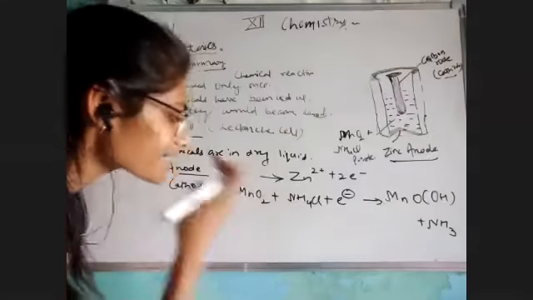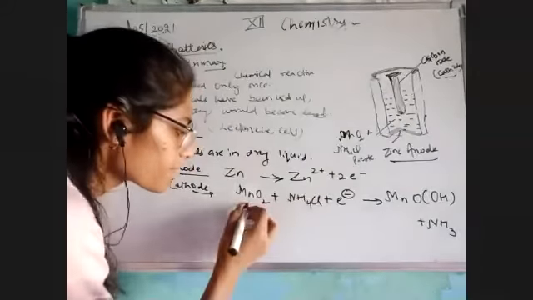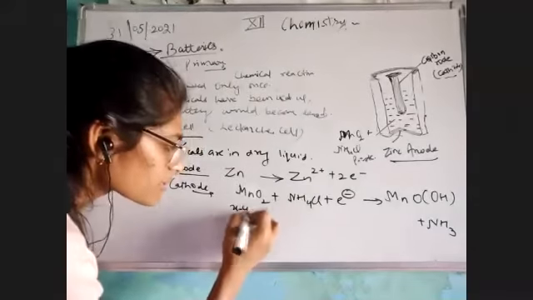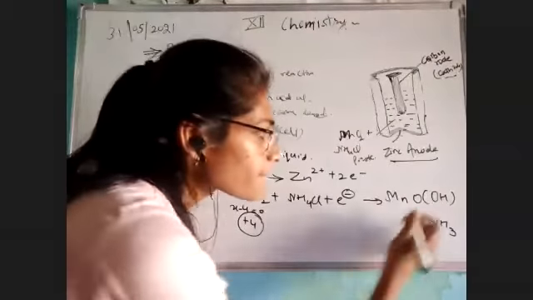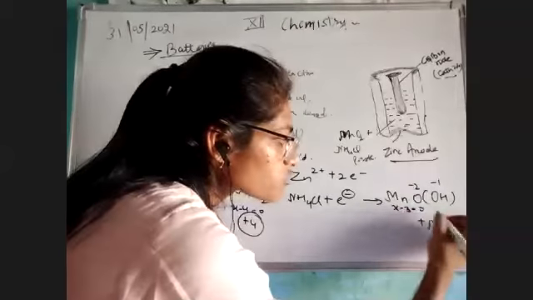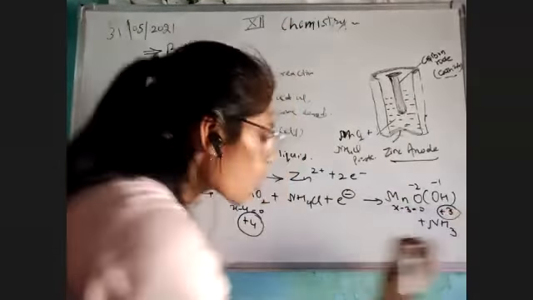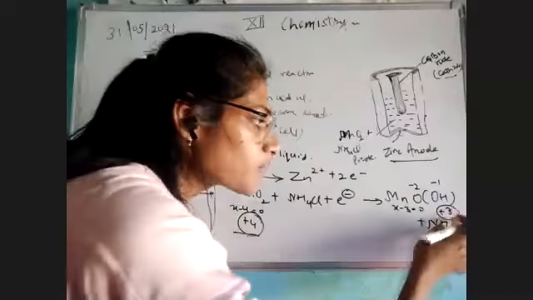Now the point here is that the oxidation state of manganese has changed. This is +4, and this is reduced to +3, so the oxidation state of manganese is reduced from +4 to +3.